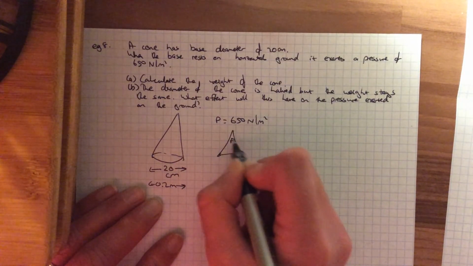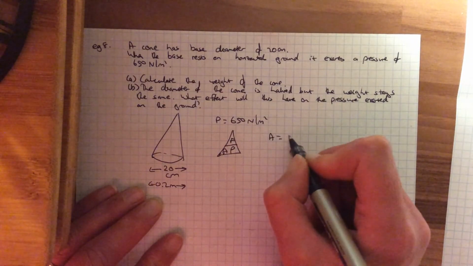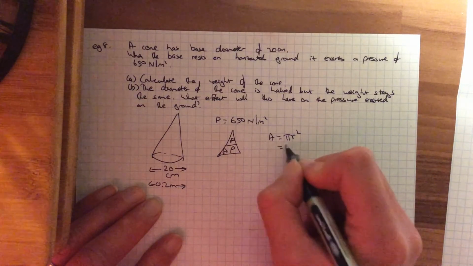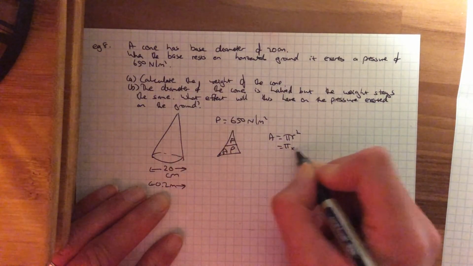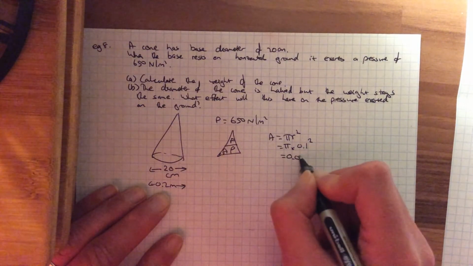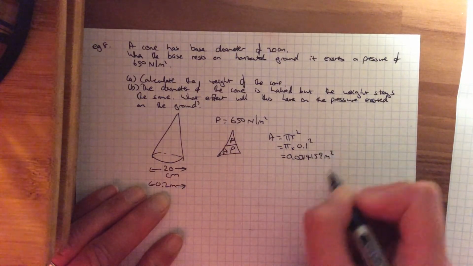So let's write out a wee triangle, FAP. I need the area. Area of the base is a circle, pi r squared. Your diameter is 0.2, so your radius is 0.1 squared. If you work that out, it's 0.0314159 metres squared.